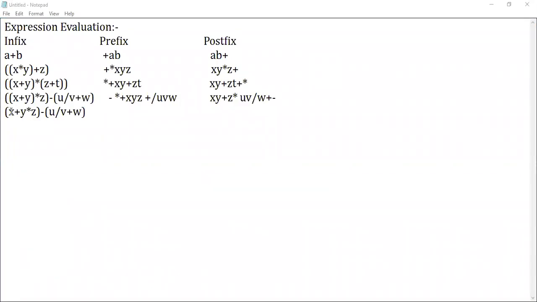Guys, we can't change the order of the variables. That's not possible. I could see many people have written y, z, followed by x. Don't do that. The order of the variables cannot be modified. The order should be the same.